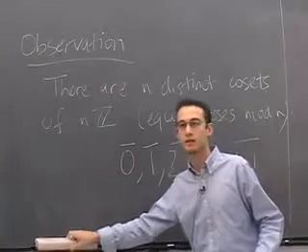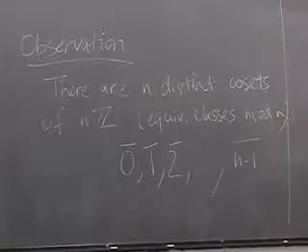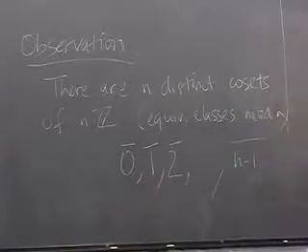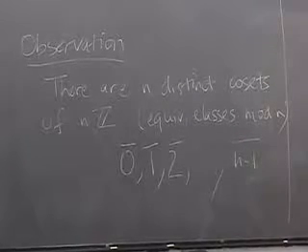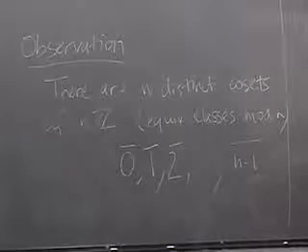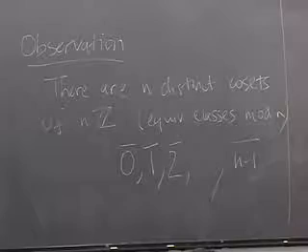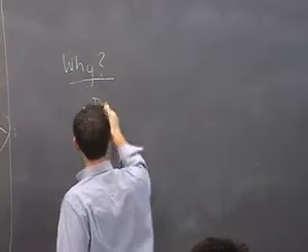Why is this? Can anybody give me a quick proof at least that every coset or every equivalence class is of this form? Go ahead. Exactly. This is a matter of taking advantage of the division algorithm. So why? Well, at least in one part, it's the division algorithm.